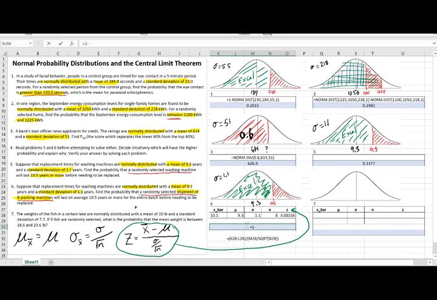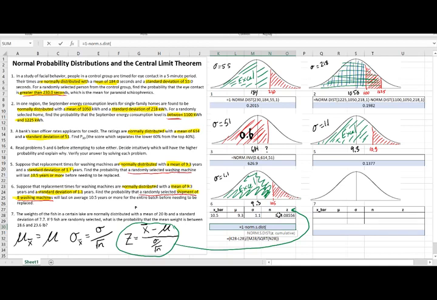But now we've converted to z-scores, so we're no longer using the general normal distribution. We're using specifically the standard normal distribution. So instead of norm.dist, we need to do norm.s.dist. The .s is stating to Excel we're dealing with the standard normal distribution.